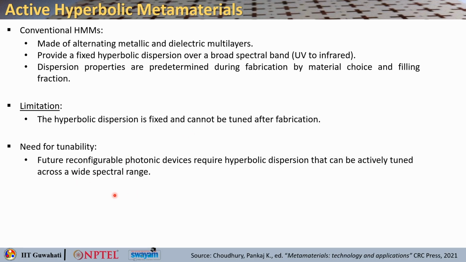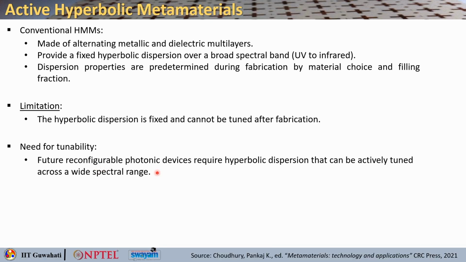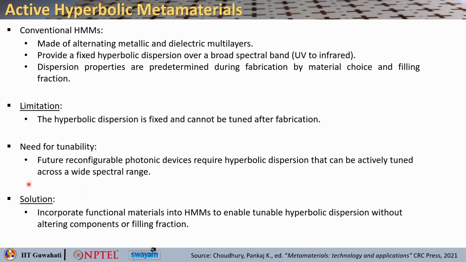So, normally in any kind of dynamic application there is a need of tunability, right. So, if you think of future reconfigurable photonic devices, they will require tunable hyperbolic dispersion which can be actively tuned across a wide spectral range. So, you can think more on top of conventional hyperbolic metamaterials, where you can incorporate some functional materials into those hyperbolic metamaterials which will enable you to tune hyperbolic dispersion without altering the composition or the physical structure.